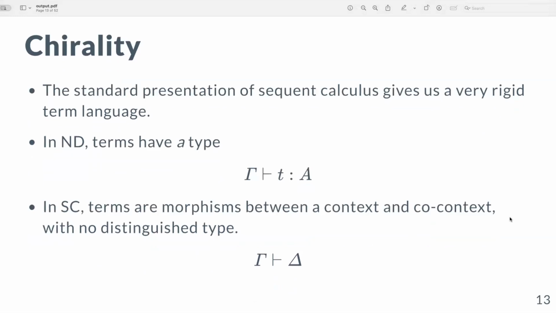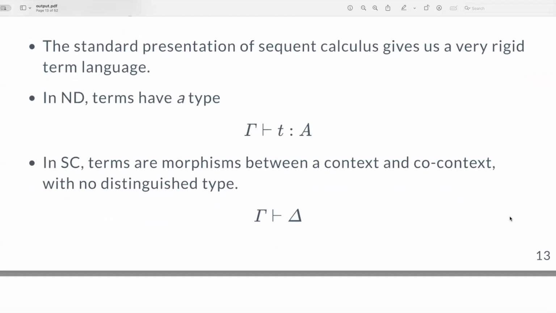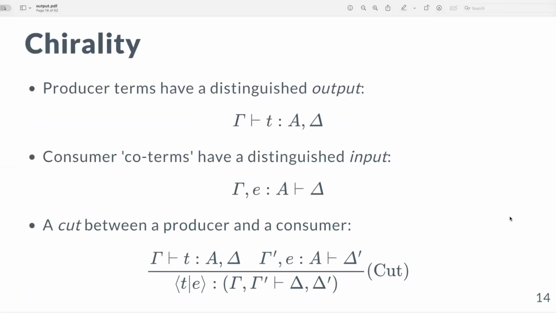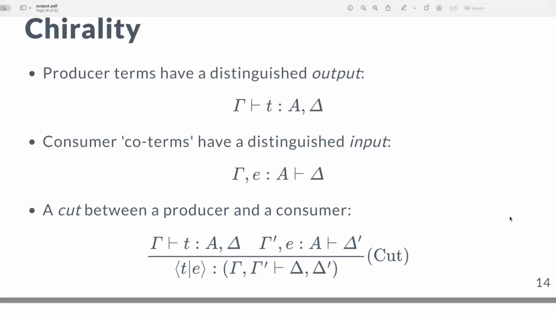You can kind of forget the focus and always get back an unfocused one, which doesn't have a distinguished thing. But the bottom one is the third type of judgment. It takes the first two and composes them together. So this third judgment is always going to be a composition of the first two, where this is the top one and the second one is that one.